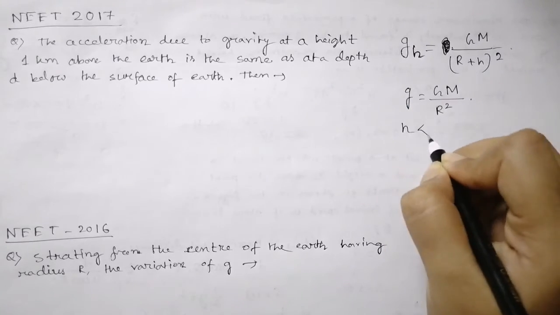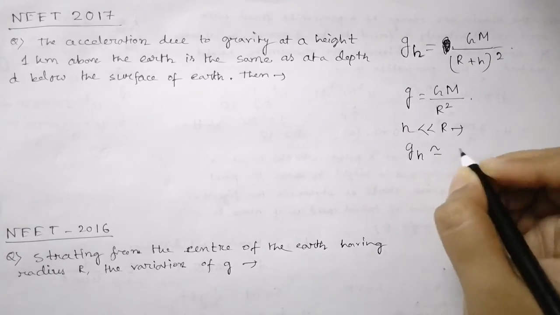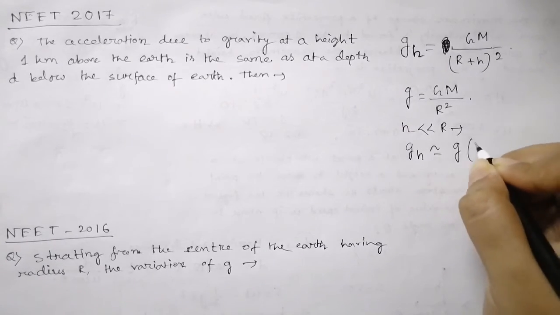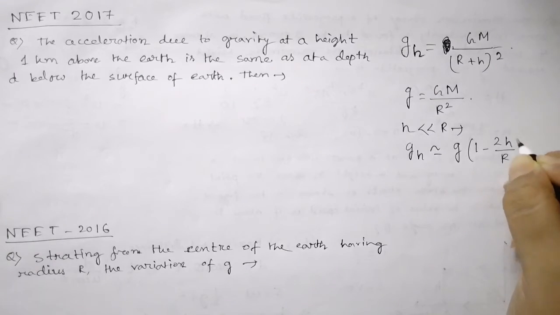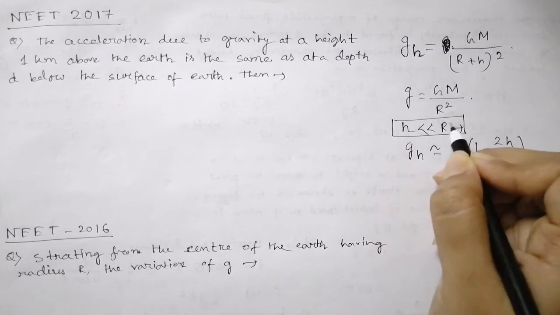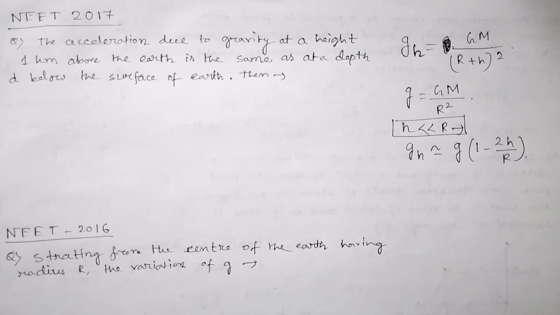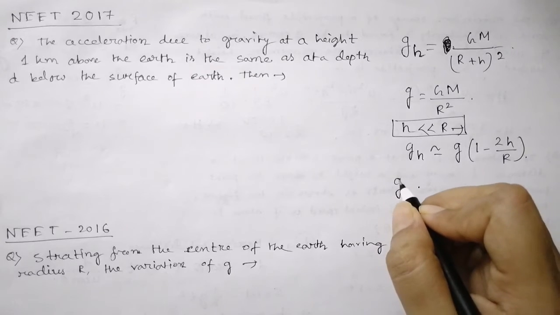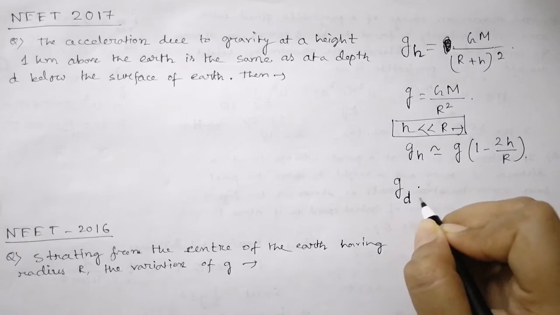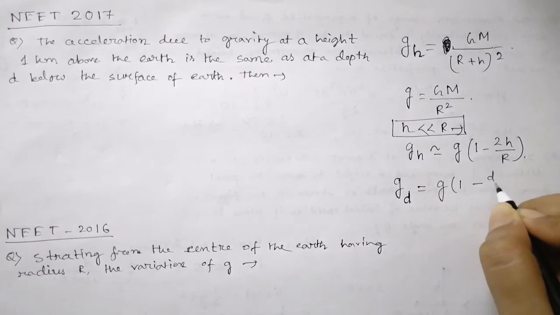If the height is very less than R, then the formula of g h becomes g into 1 minus 2h by R. But this is only for this condition. The formula of gravitational acceleration at depth d is given by g into 1 minus d by R.